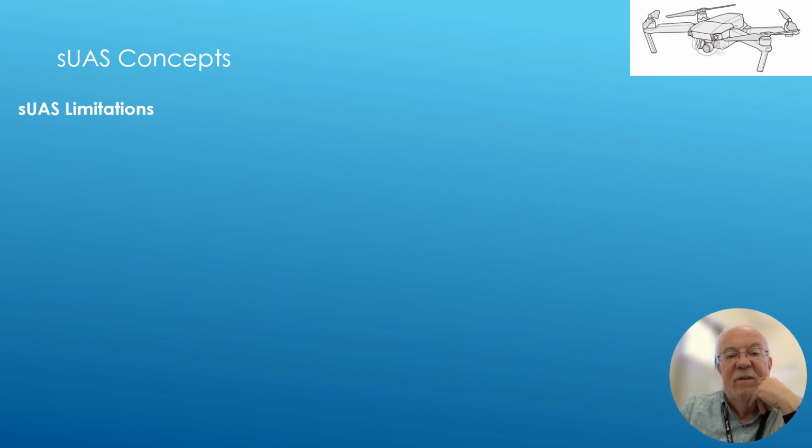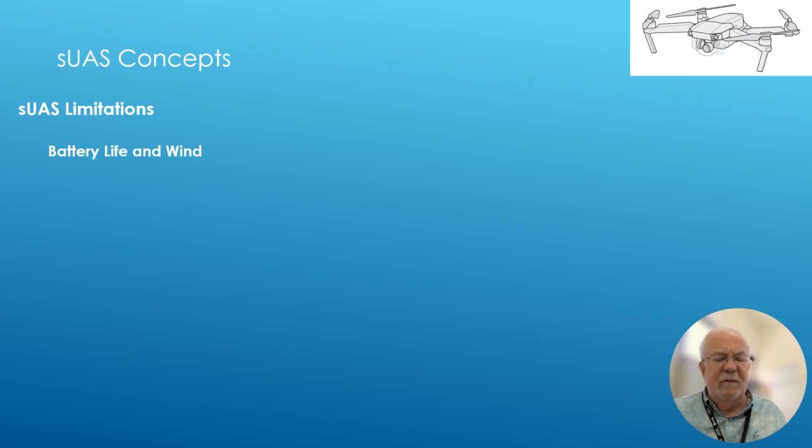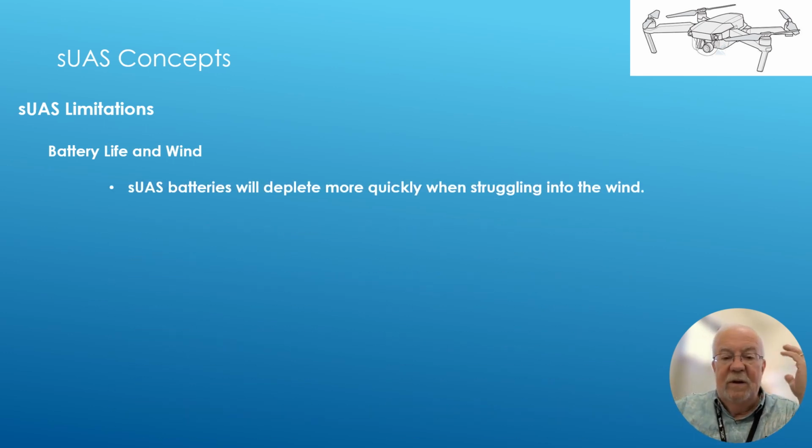Okay, we have other limitations. This is slide number 12. Battery life and the wind. I just mentioned that, right? The UAS battery will deplete more quickly when struggling into the wind, or even if it's turbulent, maintaining position, right? Remember now, the motors are constantly changing RPM in a multi-copter in order to stay stable.